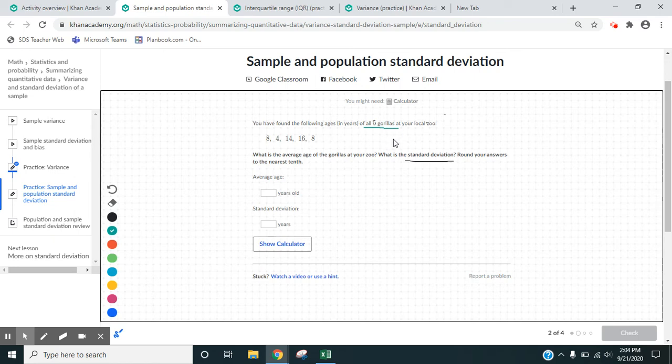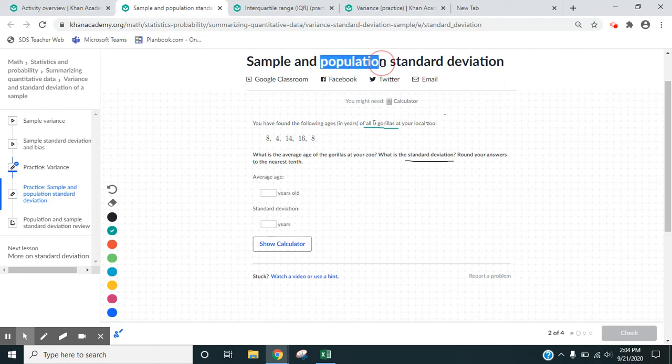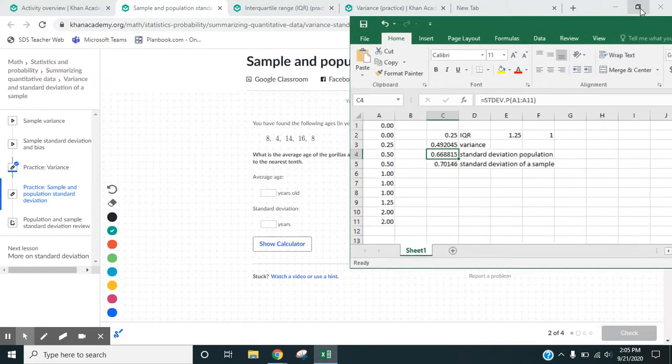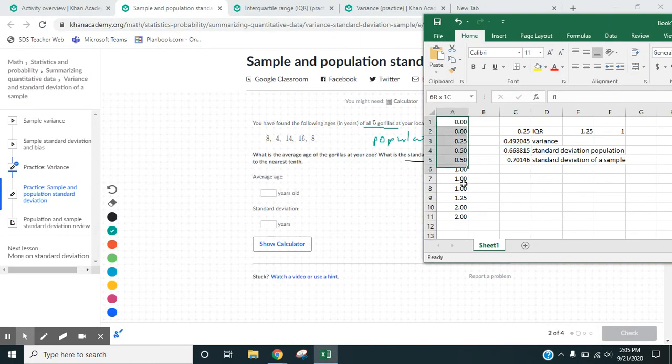We didn't take a sample of some of the gorillas at the zoo. This is ages for all of the gorillas at the zoo. So that's a population. Just like when we measure the population of a town, we try to count everyone in the town. So this is a population. For this problem, I'm going to pull this up. Let's delete all this data.